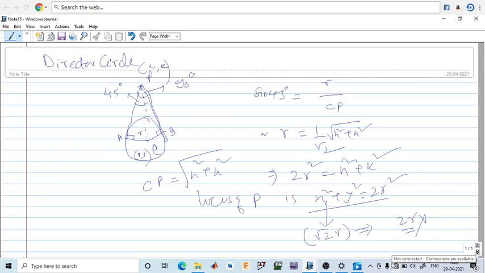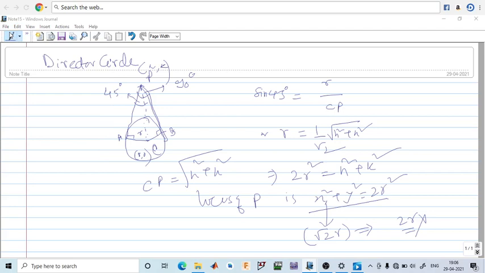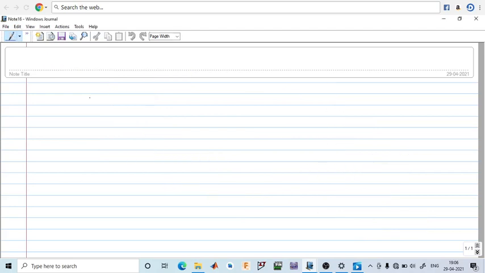Now let's come to the part intersection of two circles. If you understand the concept, then it is very easy. The chapter is bigger, but it is easy. Suppose the two circles S1 and S2.